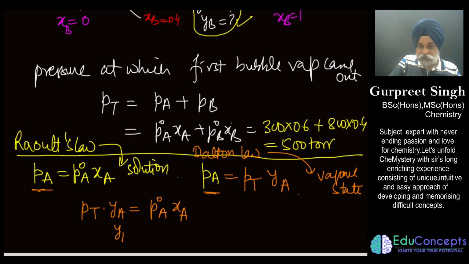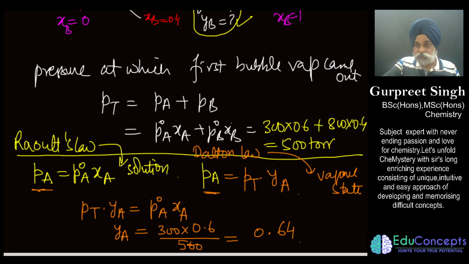Now if I have to write YA, what is P naught A? It is 300. What was XA? It is 0.6. And what was P total? 500 torr. So corresponding to this, YA came out to be... sorry, it comes out to be 0.36 for YA, and YB comes out to be 0.64.